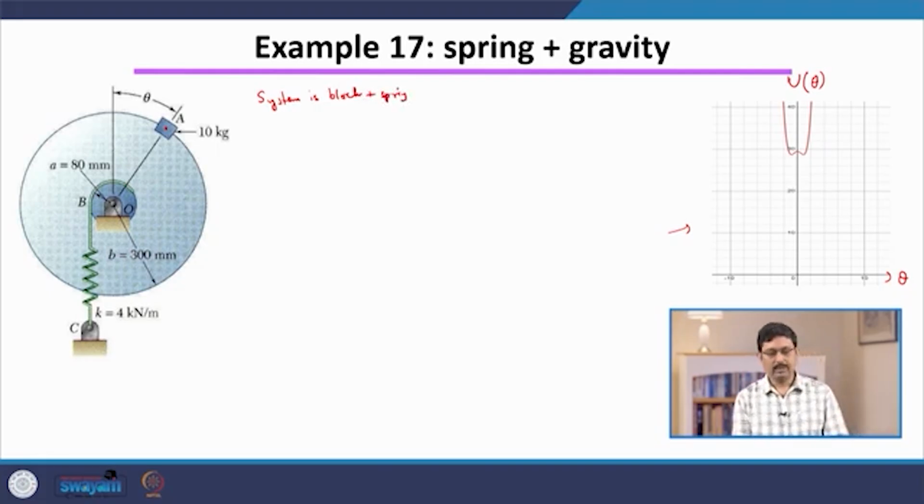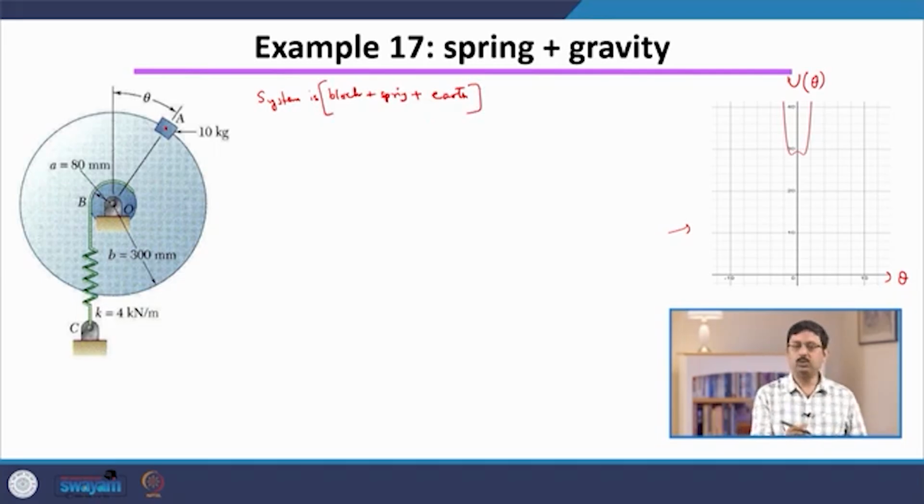In fact, in this case, to properly define this potential energy, we have to include the earth also in our system. So, this is our system, so that there is no external force acting on this system.